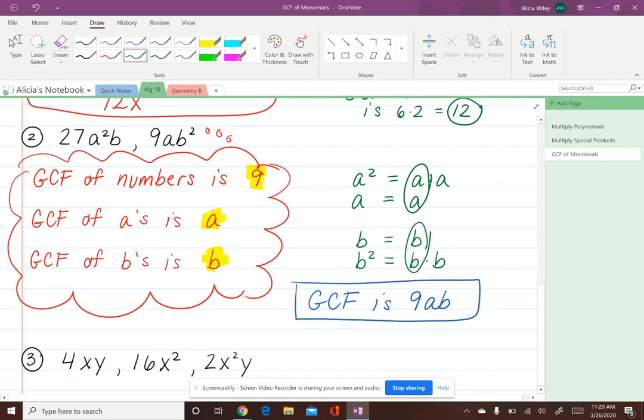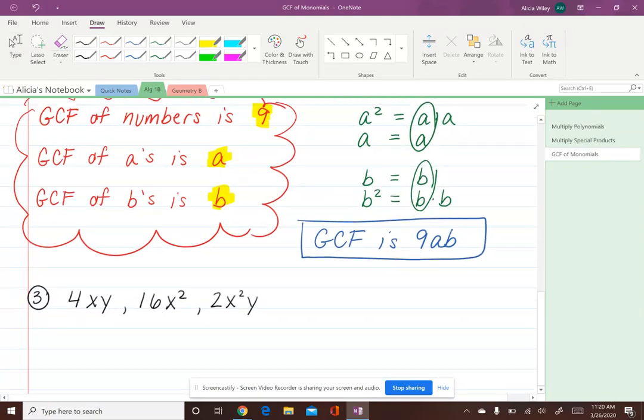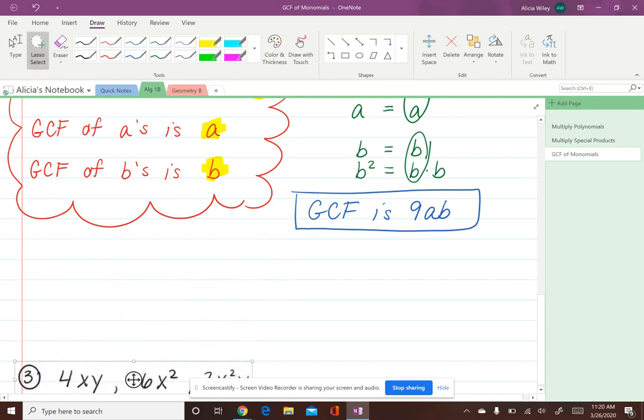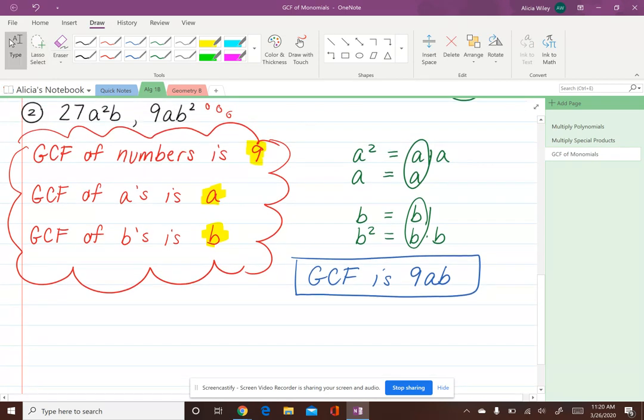Okay? Now to check that, what you could do is you could take, and let me move this problem down, that original problem, the 27a squared b and the 9ab squared.